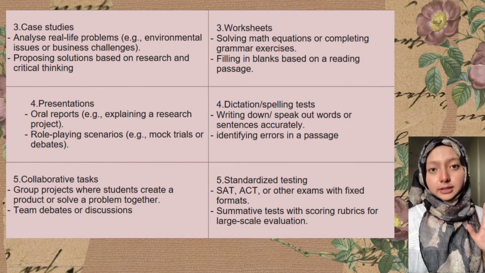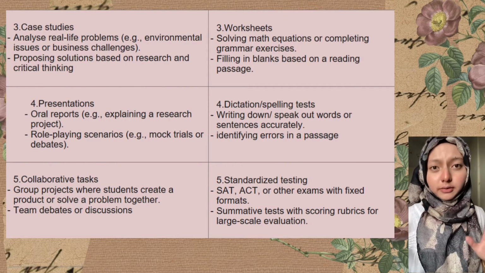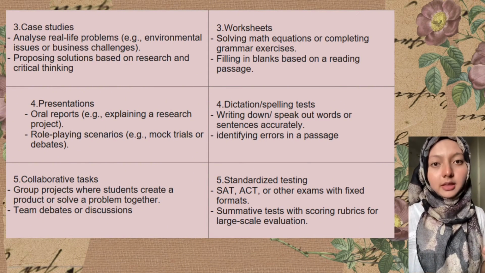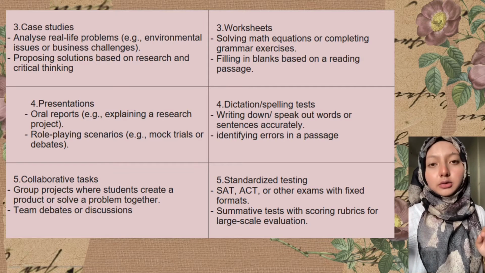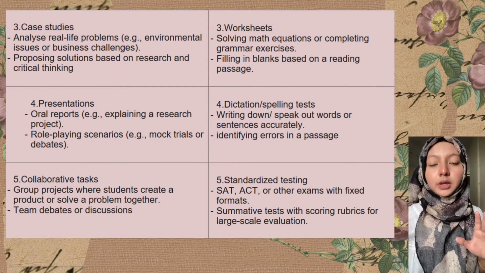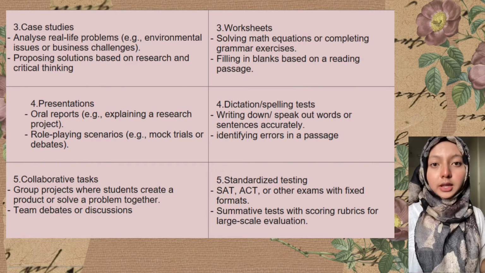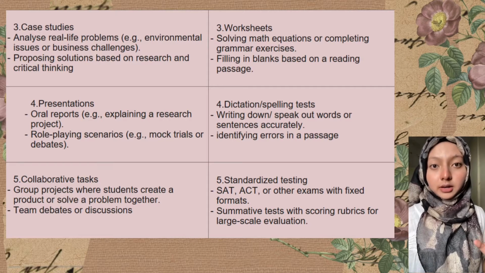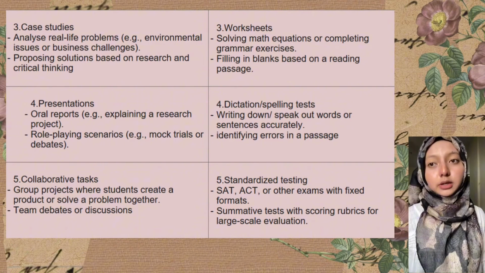Standardized testing will obviously test students with fixed-format tests. There are also summative tests that are provided with large rubrics so that we can evaluate students easily from their scoring marks. It is not just summative, it is also formative.